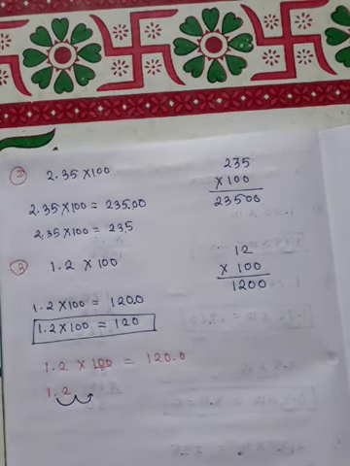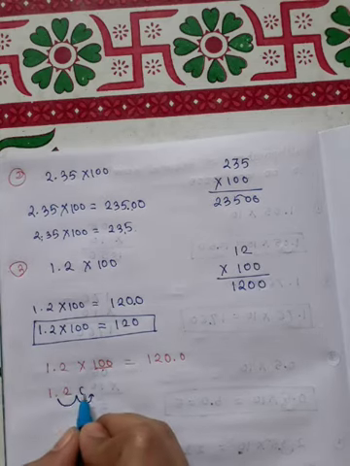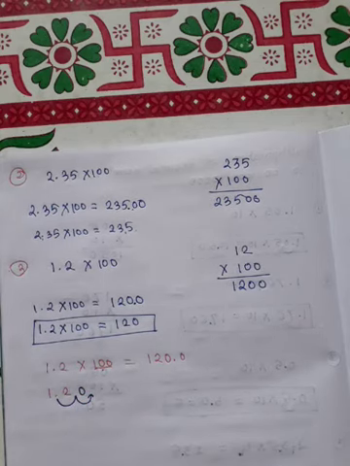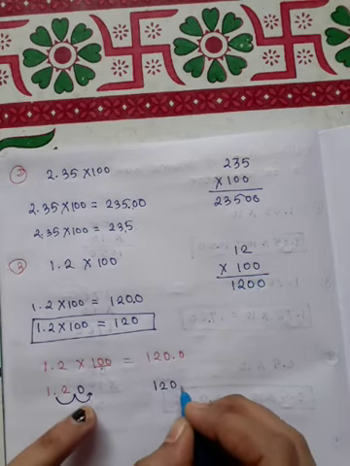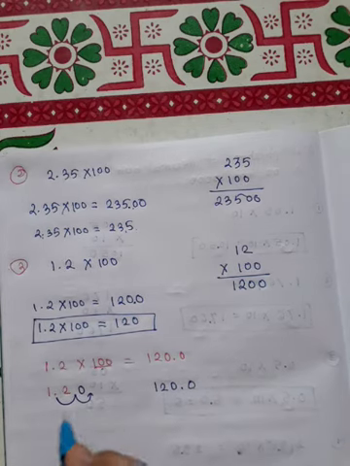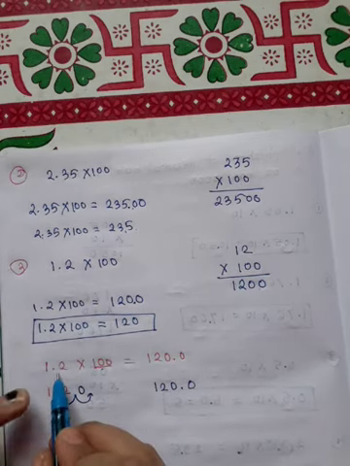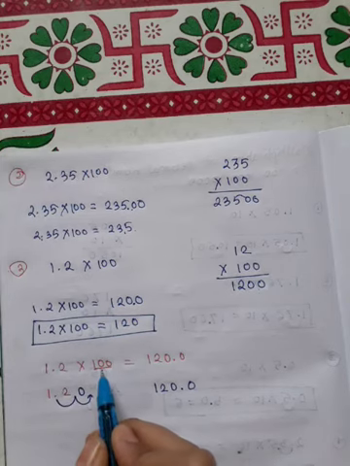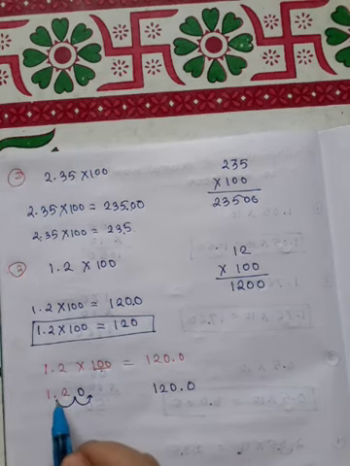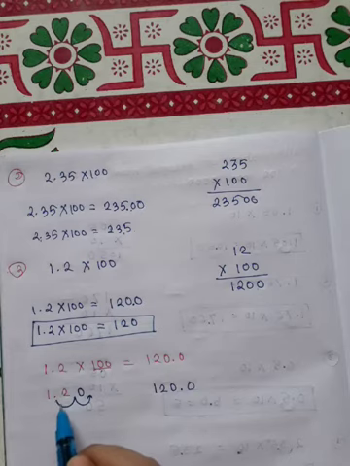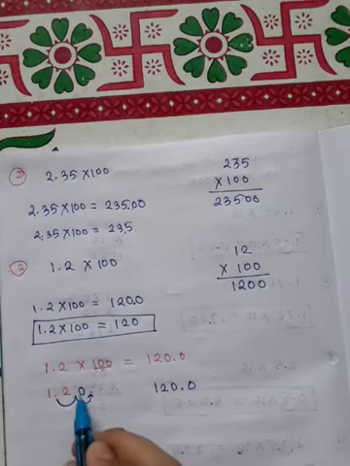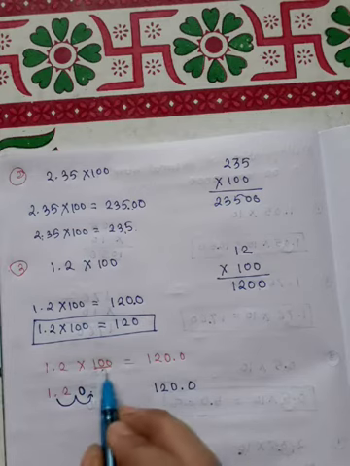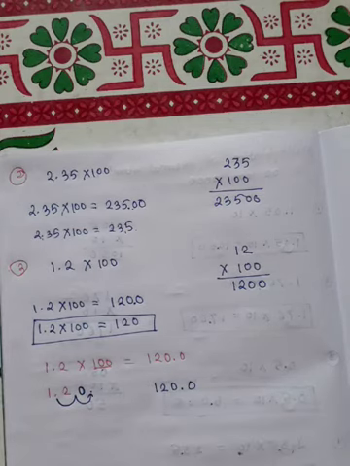If there is no digit, then write 0 there. So we got the product 120.0. When we multiply any decimal number by 100, we shift the decimal point to the right by 2 units, 1 and 2, and put the decimal point. Here in 1.2 there is no digit, so write 0 here. Therefore 1.2 into 100 is 120.0.